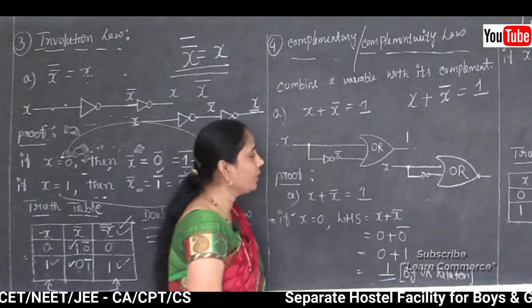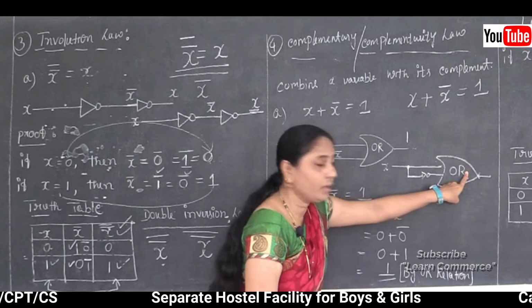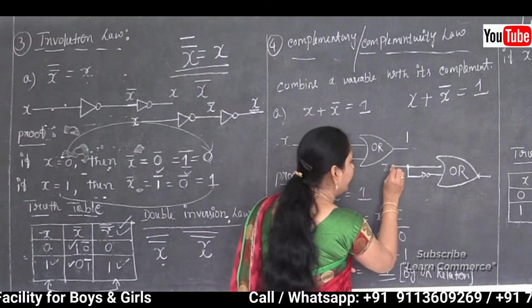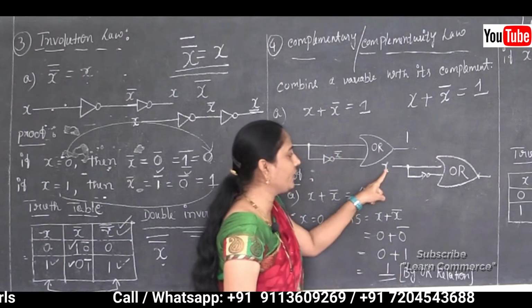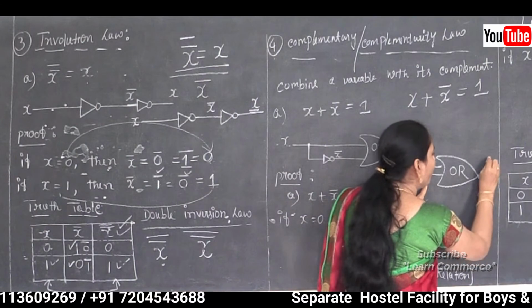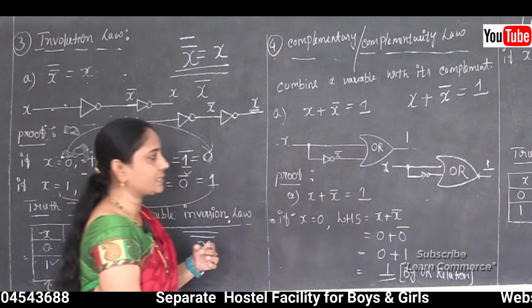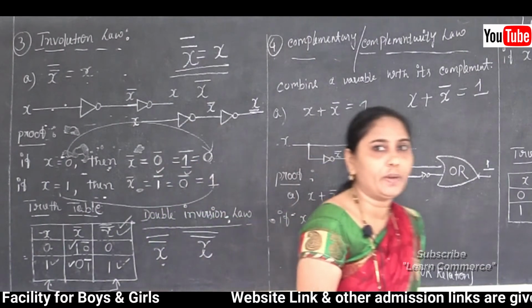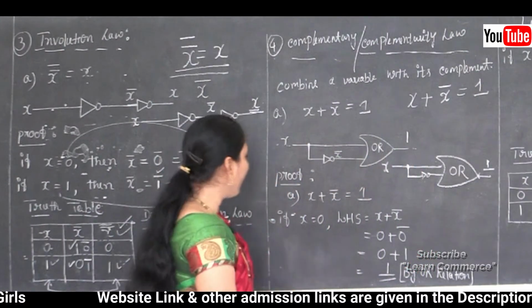Clear this point here? x OR, that is plus, again x, we need to join it with our x NOT, that is equal to 1. Clear this point? So this is the symbol of the complementarity. First, x plus complement of x is 1.